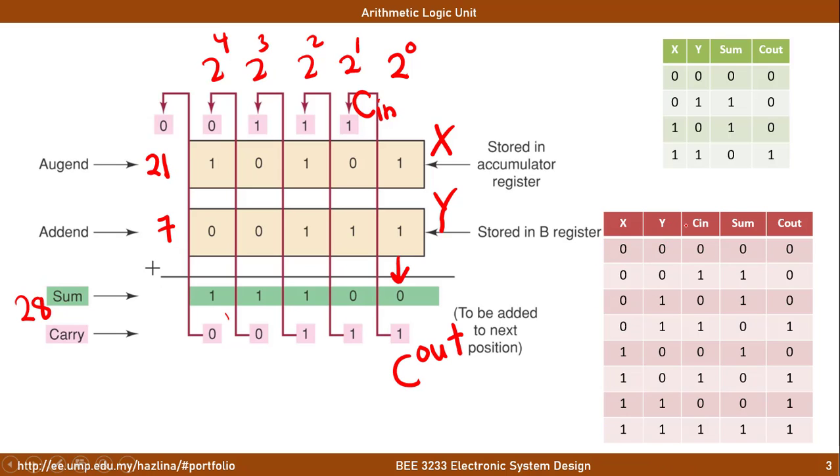When we have 3 variables, there should be 8 possibilities. So in this case, this is 1 plus 1 plus 1, which is equivalent to 3, and sum is equivalent to 1, whereas cout is also equivalent to 1. This is known as full adder. Full adder is a complete cycle of an adder, whereas half adder is the partial addition of an adder.